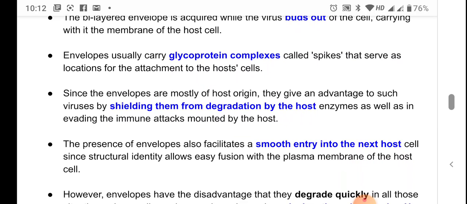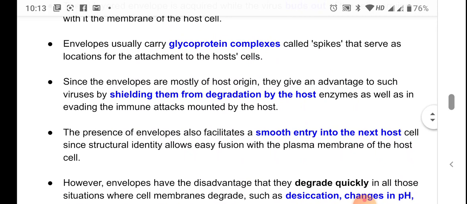The envelope is from the host membrane itself, so it is very similar to the host membrane. So it won't be degraded by the host enzymes. Also, it can evade immune attacks mounted by the host, because when the host immune system searches and finds this envelope, it cannot recognize the particle as foreign, since it is covered by an envelope very similar to the plasma membrane of the host cell.